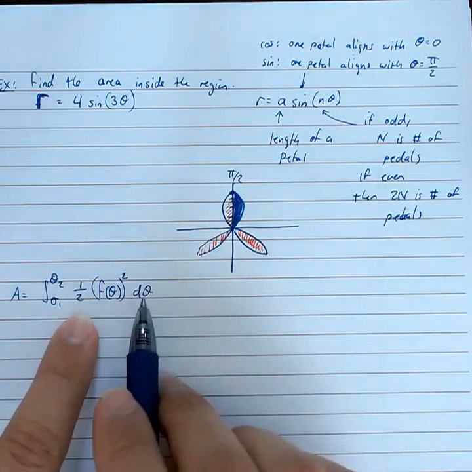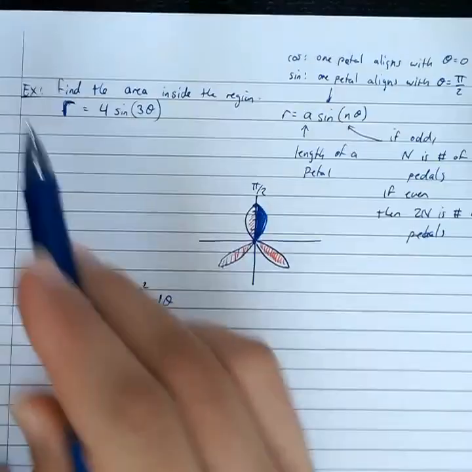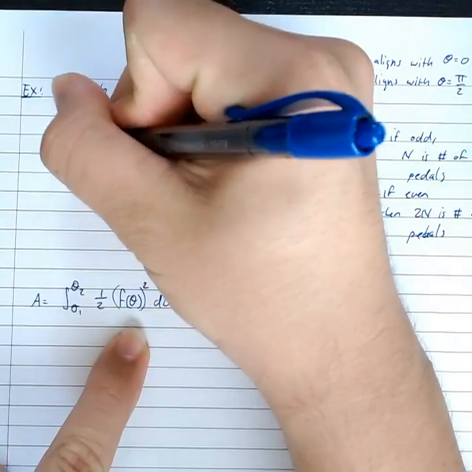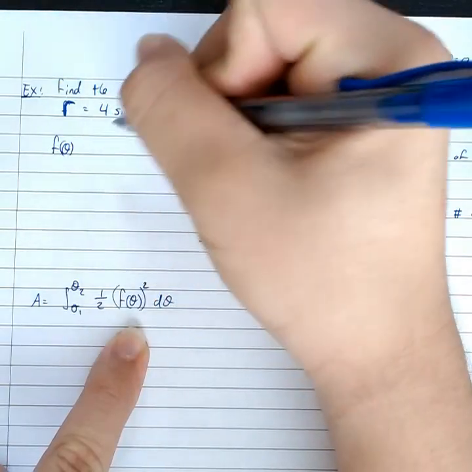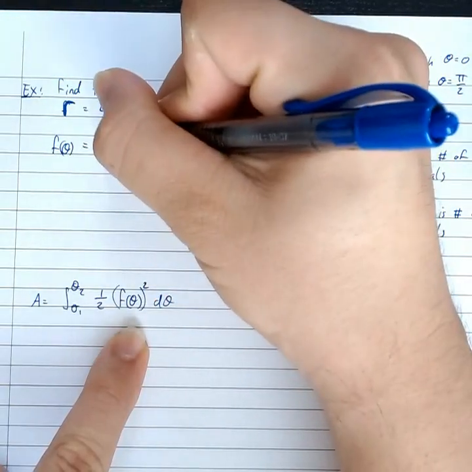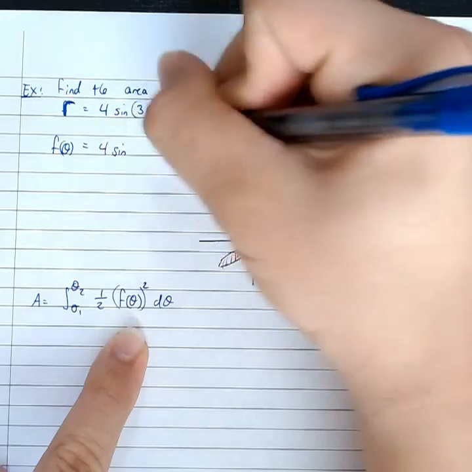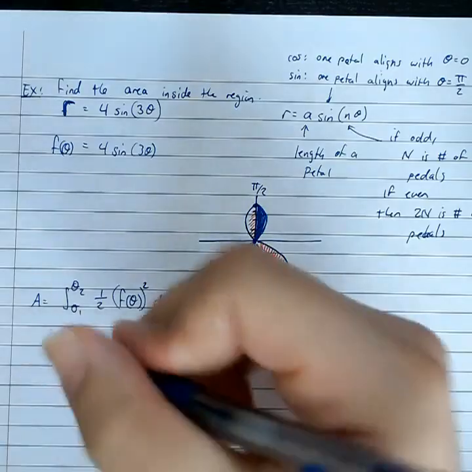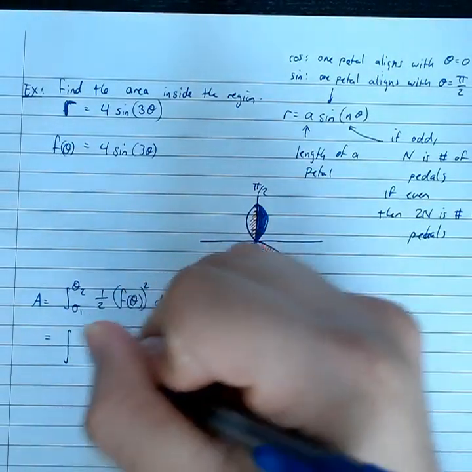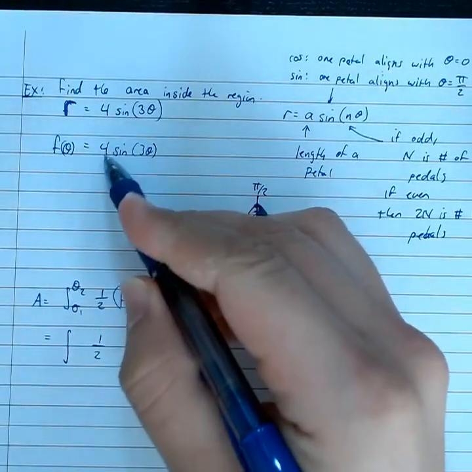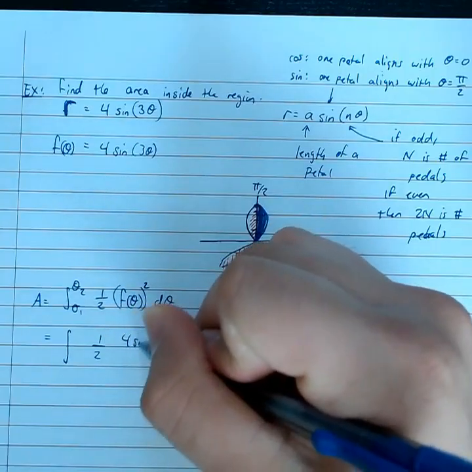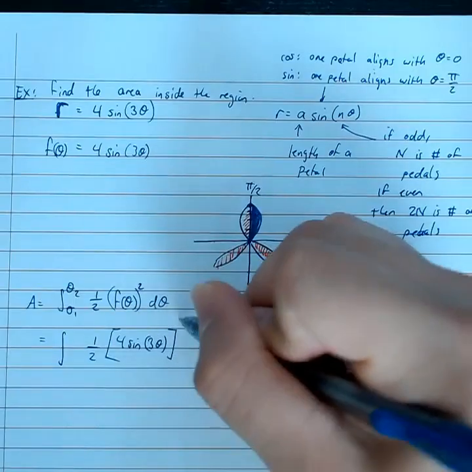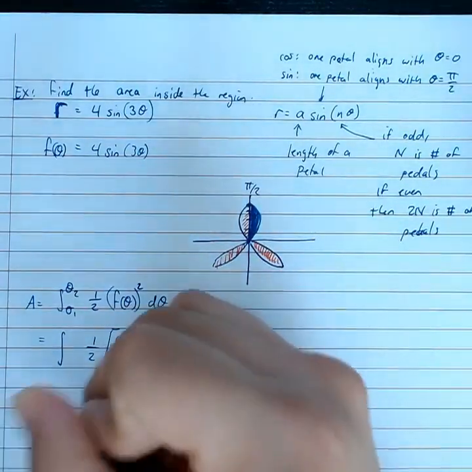This part is easy. You're given all of this. Remember, this is given as r, but r is a function of theta. So if you're given r equals 4 sine of 3 theta, that's the same as saying f of theta is equal to 4 sine of 3 theta. So just plug that in there. Your area is going to equal the integral of 1/2 times 4 sine of 3 theta, and the whole thing is squared, d theta.